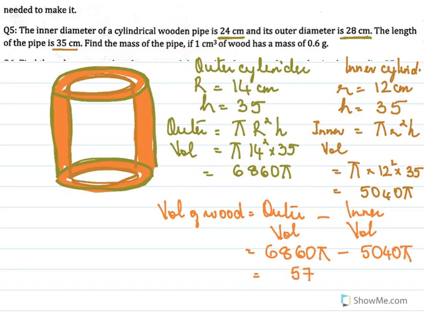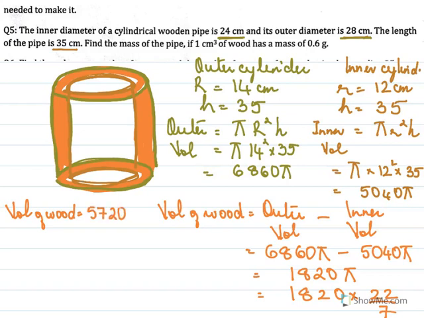On subtraction we get 1820 pi. Now we will substitute the value of pi as 22/7, and the volume of the wood comes as, after putting 22/7, 5720 centimeter cube.